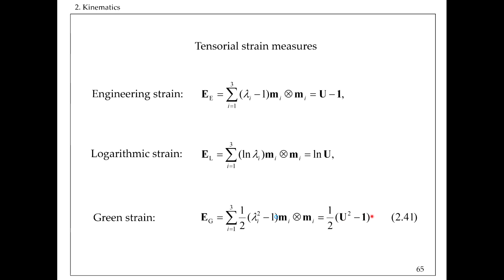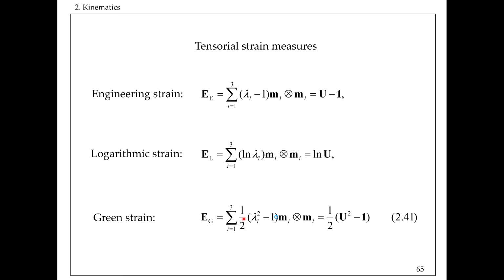Well, the second part is the trivial standard identity tensor. All right, so now we can look more closely into our new friend, this Green strain tensor.